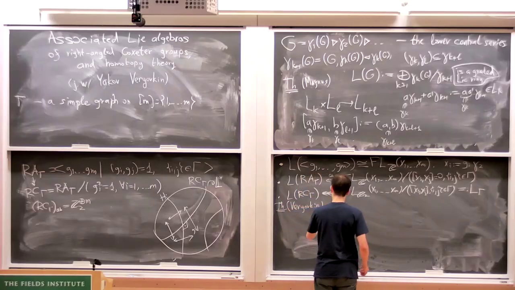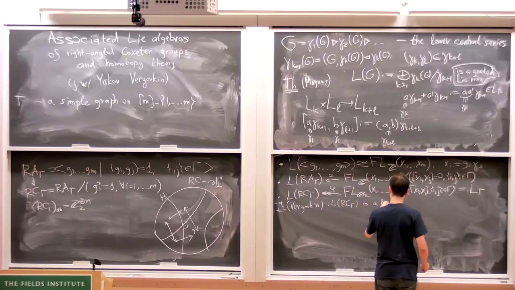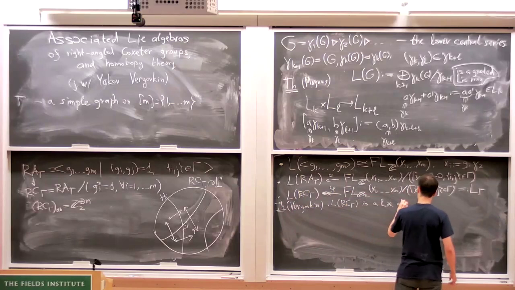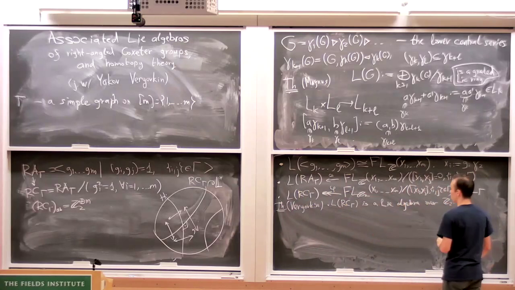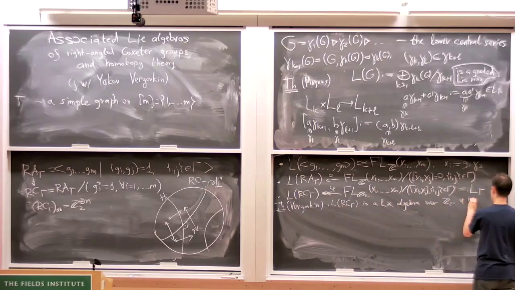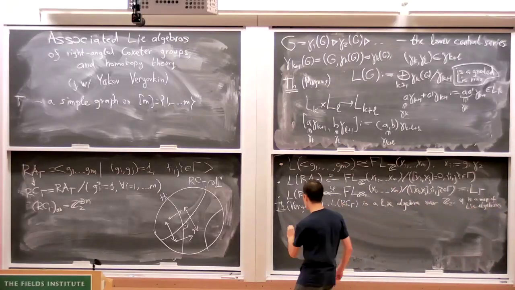So the first thing that you check is that L Gamma is a Lie algebra over Z2, and phi is a map of Lie algebras. This is surjective and not injective, and let me show this by an example.